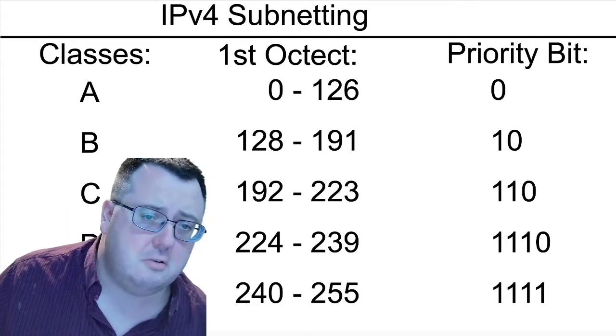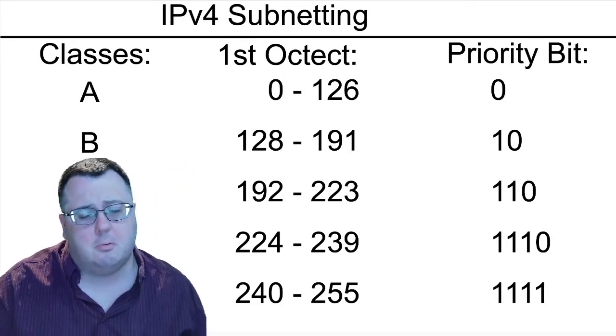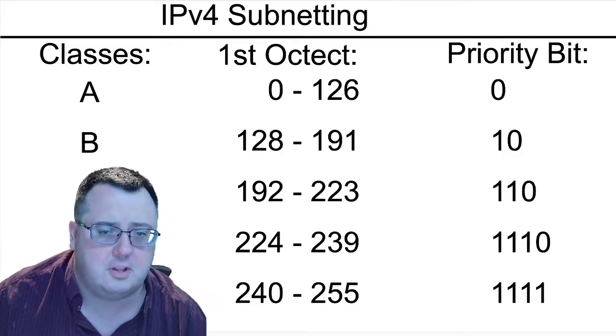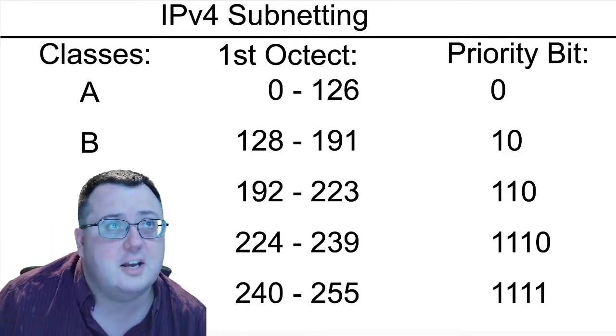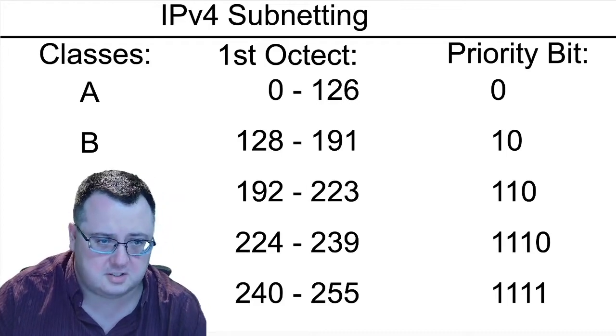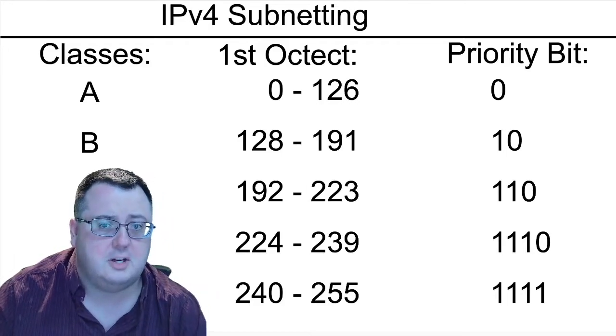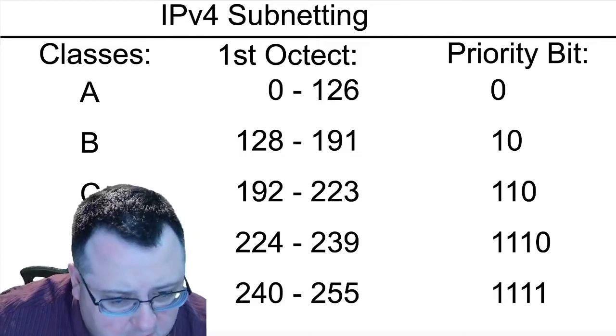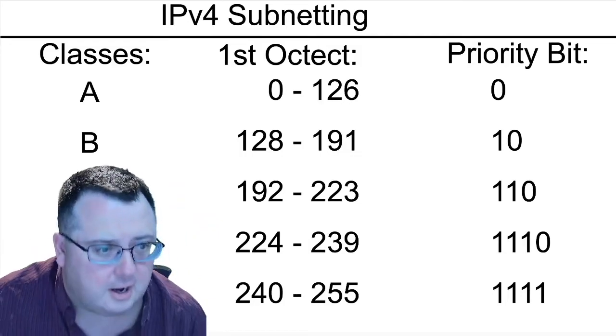But you need to know which octets and which classes correspond with each other. Class A will be 0 to 126, Class B 128 to 191, Class C 192 to 223, Class D 224 to 239, and Class E 240 to 255.